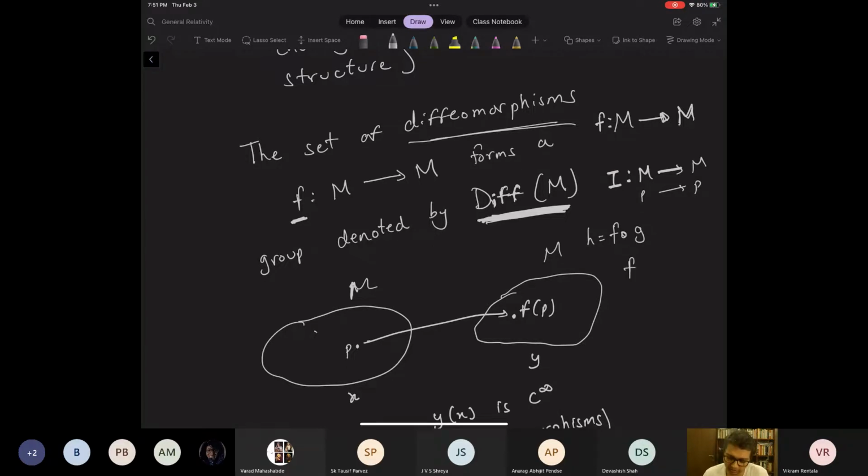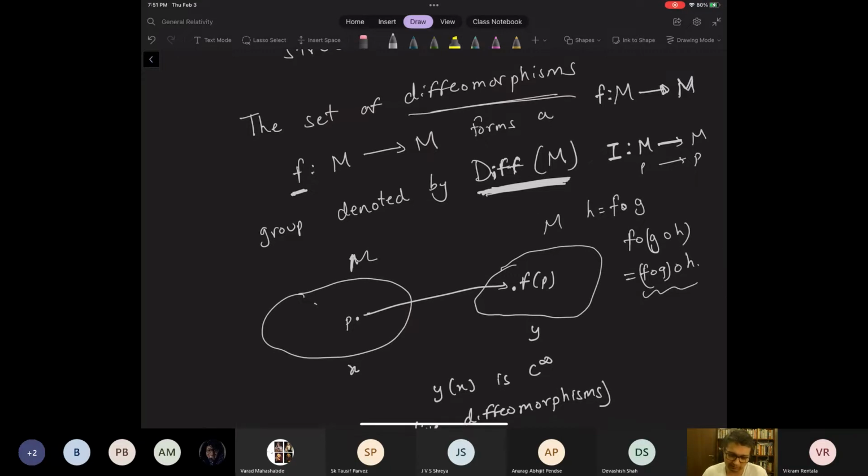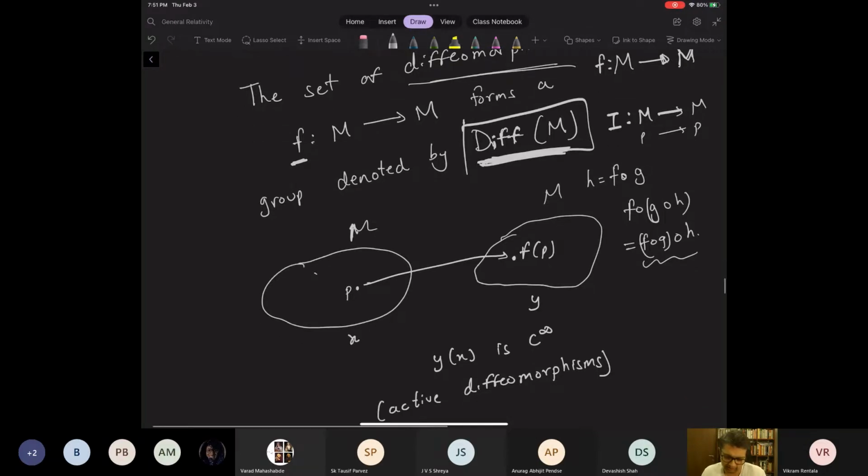Then you have associativity: F circle G circle H is equal to F circle G circle H, so it doesn't matter what order you take these operations. You'll still get the same diffeomorphism. So you can see that these diffeomorphisms form a group, and that group is denoted by diff M, the diffeomorphisms on the manifold M.